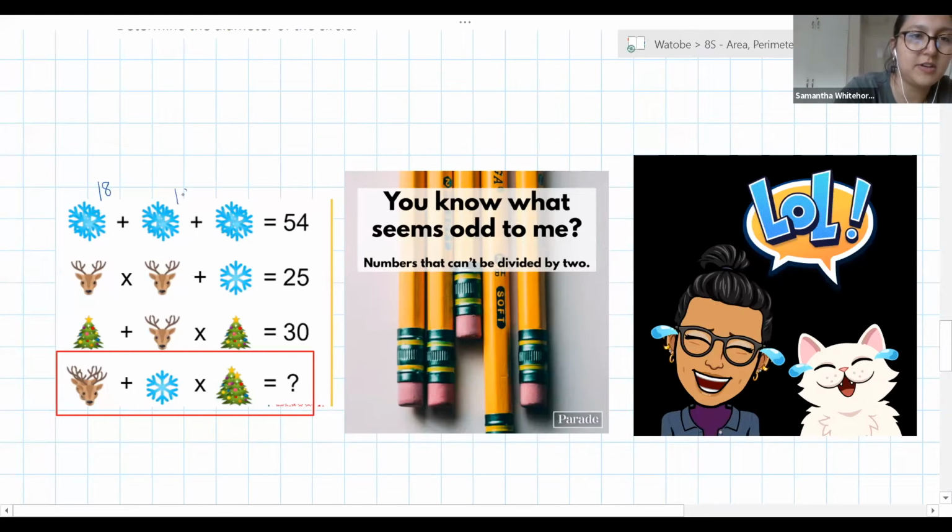Then I said 25 minus 9, which was from the snowflakes, divided by 2, and it gave me 4. And by the next one, I thought to myself, what times 4 would give me a number, then plus it again, which was 6.